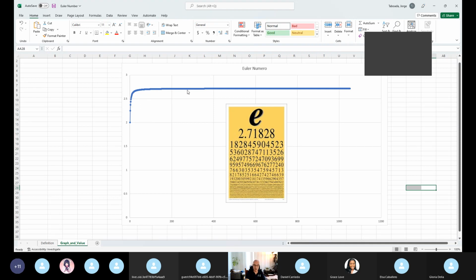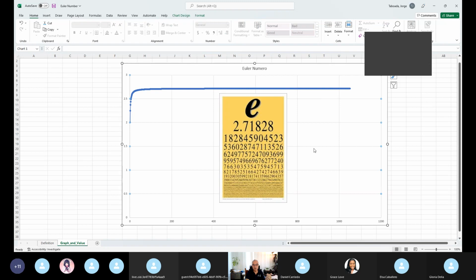It tries to stabilize at one value. This is not exactly flat, but increasing too slowly, to the one number that is e. And so I copied here the picture of the e I found on the net.